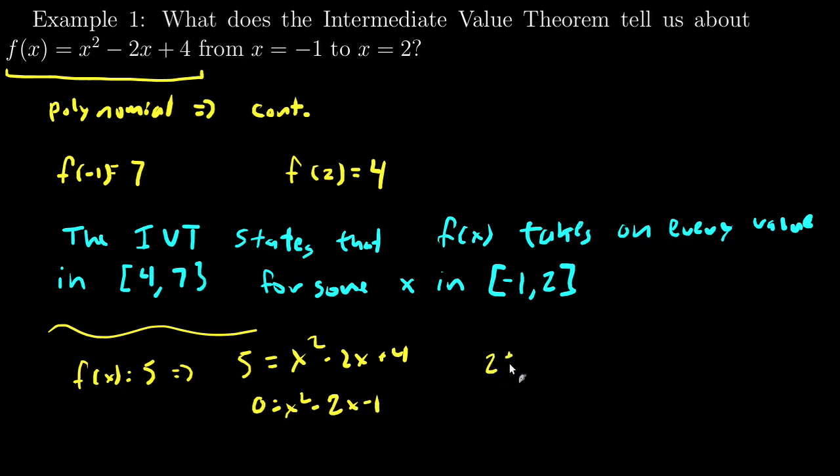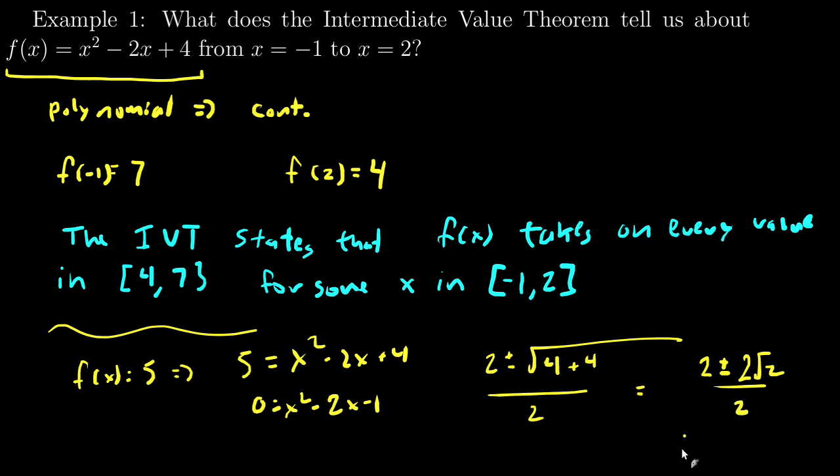I get 2 plus or minus the square root of b squared, so 4 minus 4 times 1 times negative 1, so it's going to be plus 4, all over 2, which is going to be 2 plus or minus 2 root 2 over 2, which is going to be 1 plus or minus root 2.